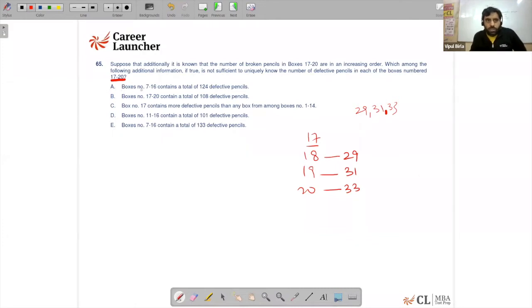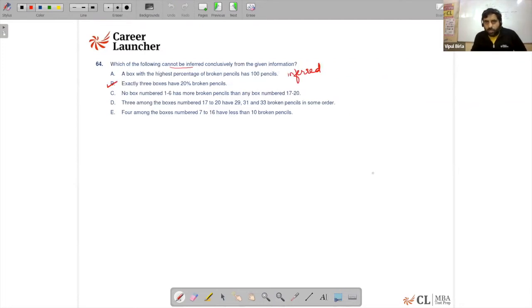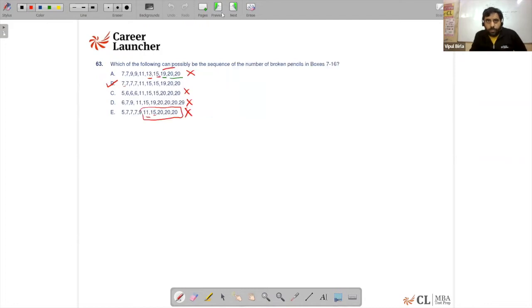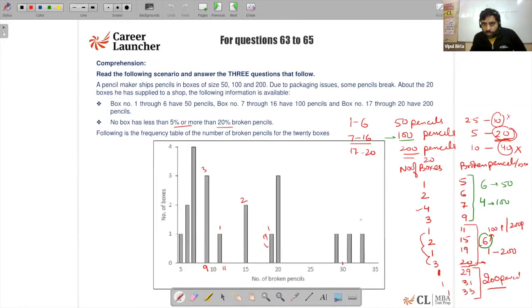So option A, boxes number 7 to 16 contain a total of 124 defective pencils. Now out of the 10 boxes from 7 to 16, 6 boxes are from this. I've already mentioned that, right?